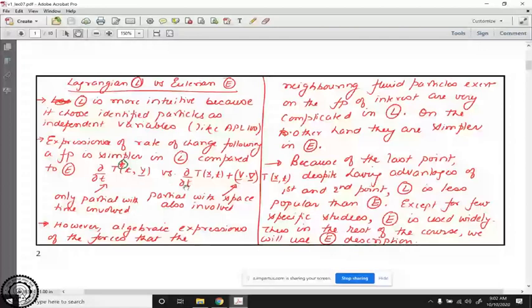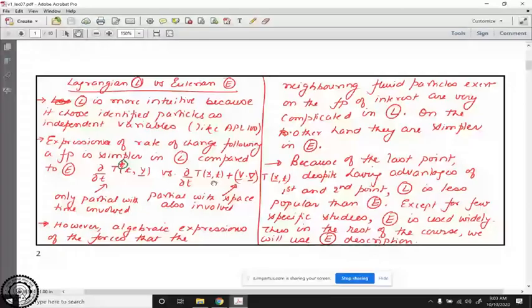Whereas if you want to find the rate of change of any quantity following a fluid particle in E, you will be talking about the fluid particle which is at x at time t, and that rate of change expression is longer. Not only does it have a time derivative, it also has the advection operator. So Eulerian seems to be more complicated even for point number 2 that I have put on this slide.